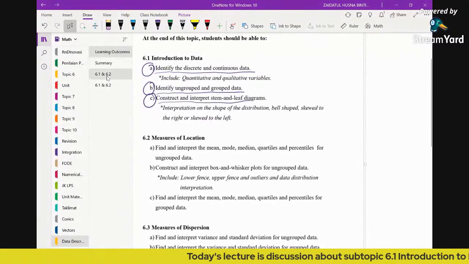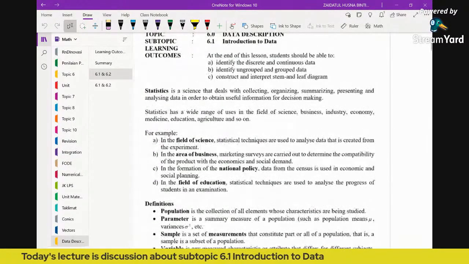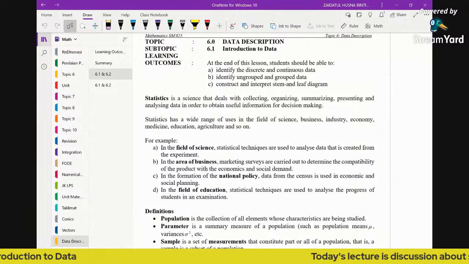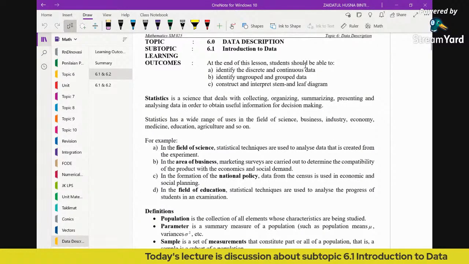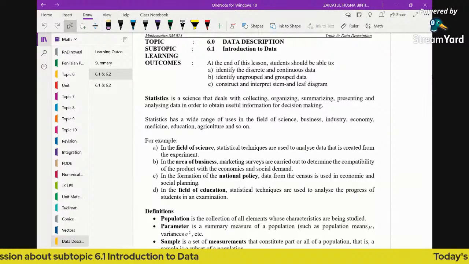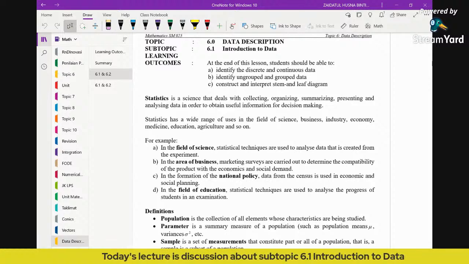So 6.1. I would like to apologize for the late uploading of the notes in the Google Classroom, because I was improving the notes. In order to accomplish quite a lot of outcomes within a very short period, I cannot simply use the previous lecture notes that we've been using for years.